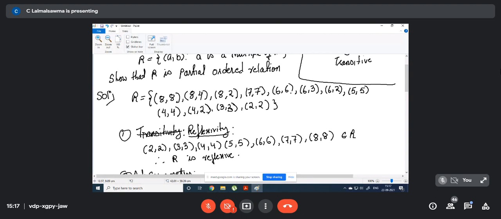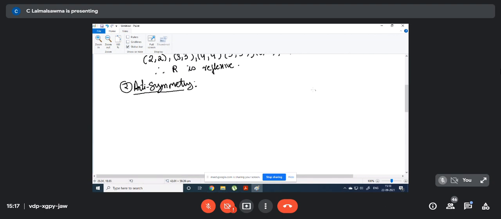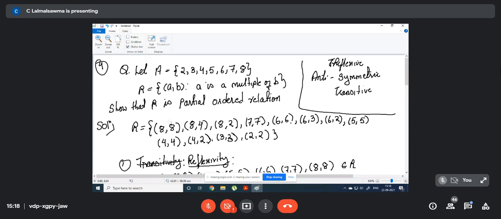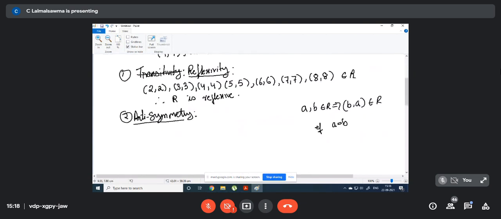The only elements for which we can reverse the order and still belong to R are (8, 8), (7, 7), (6, 6), (5, 5), (4, 4), (3, 3), (2, 2). By the definition, (a, b) belongs to R implies (b, a) belongs to R only if a is equal to b, which means that when both terms are equal, it is anti-symmetric.